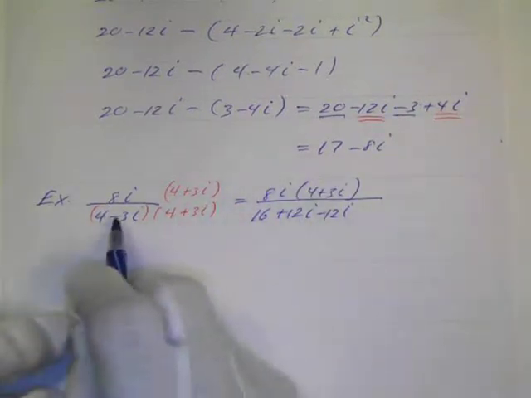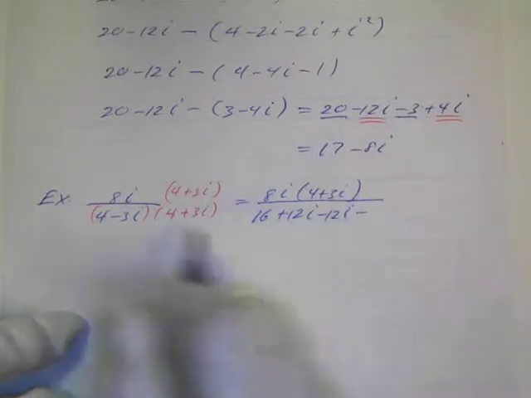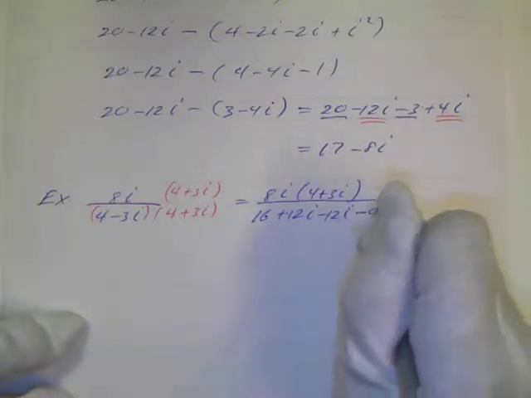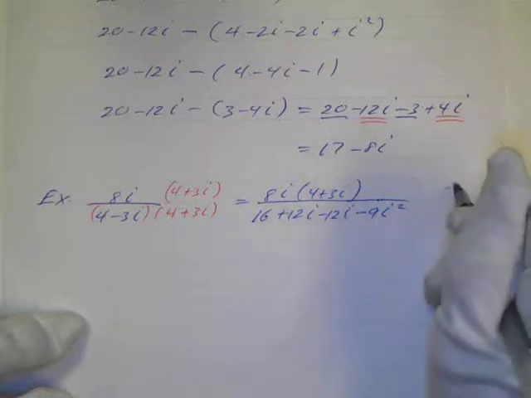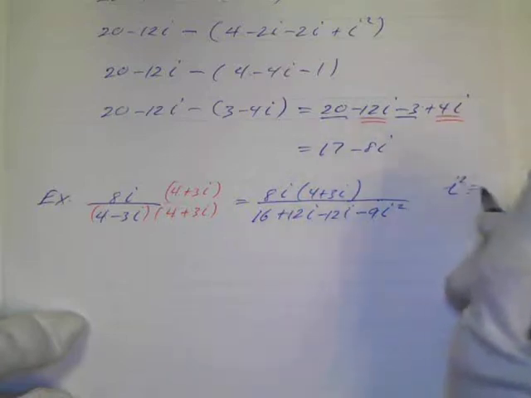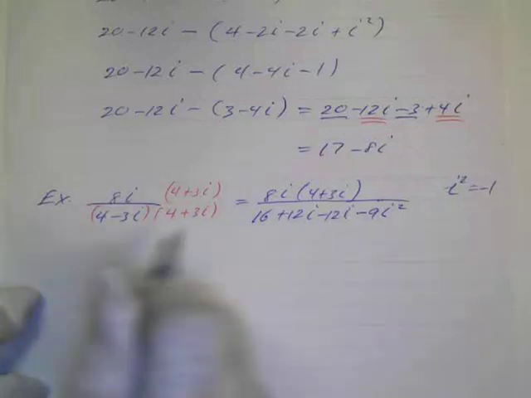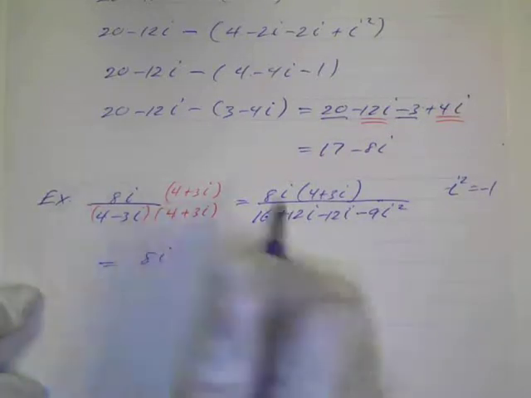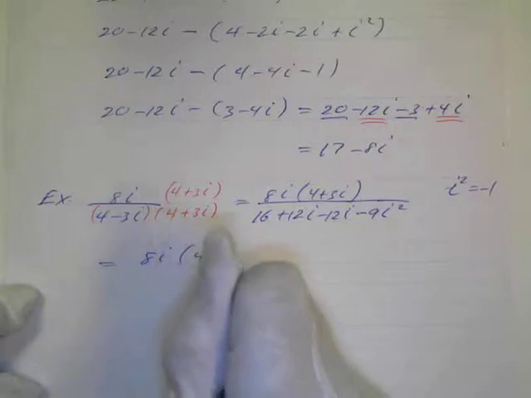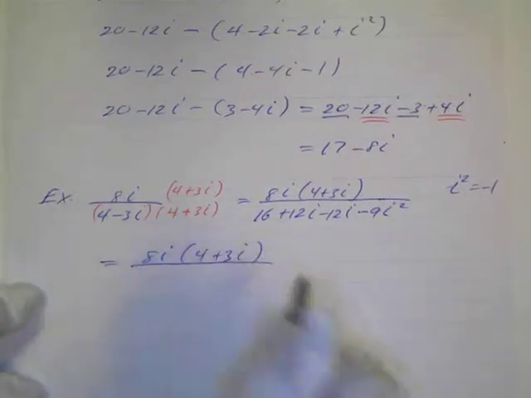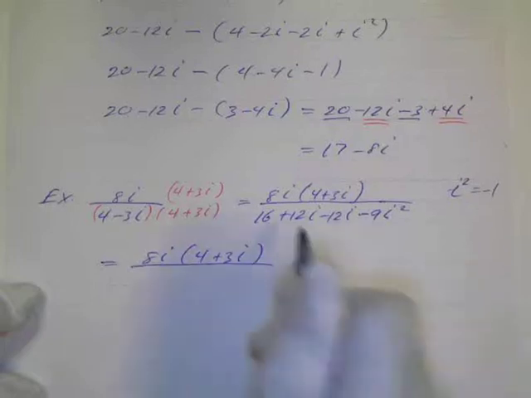And then we've got a positive times a negative. This is going to be negative 3 times 3 is 9. And i times i is i squared. But remember, i squared equals -1. So now if we write this over here, this is going to be equal to 8i times 4 plus 3i all over 16.